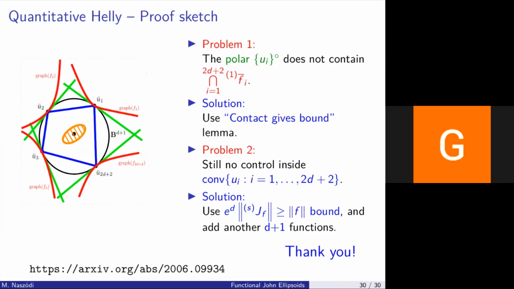I would say that this John's theorem gives the same type of contact points as in the original setting. And in the original setting, we have different techniques to work with these contact points, starting with the Brascamp-Lieb inequality and the Ball results.